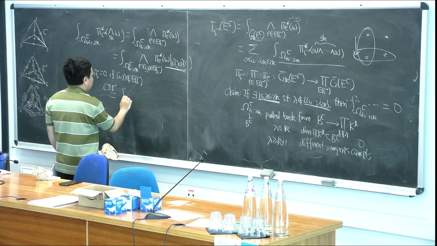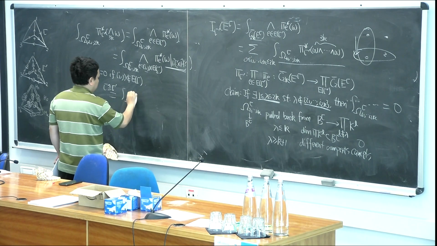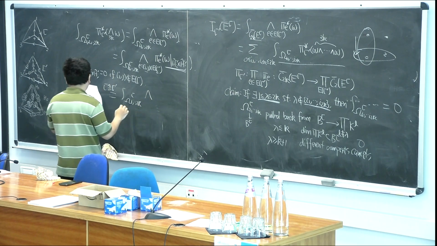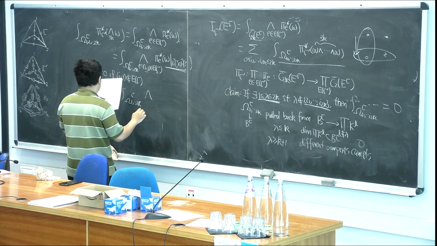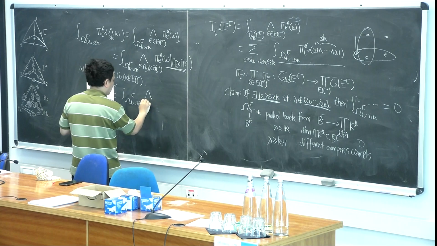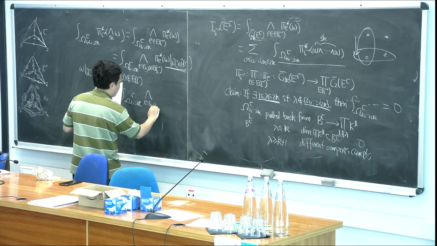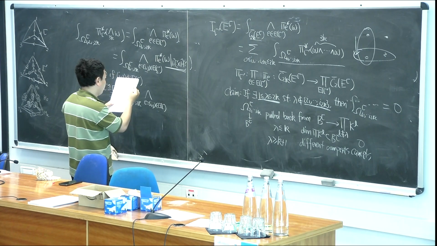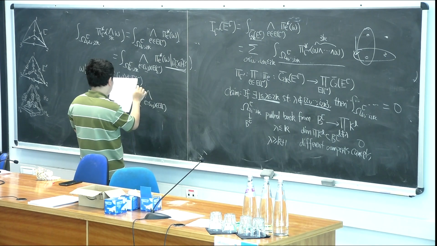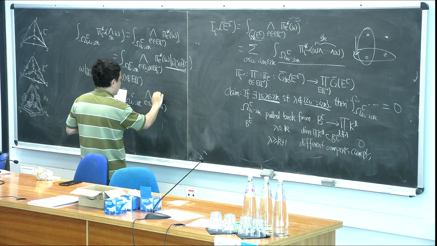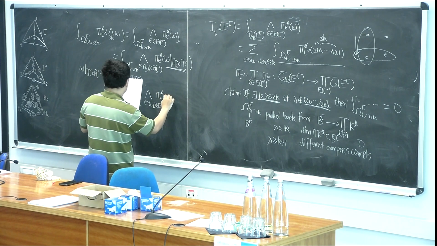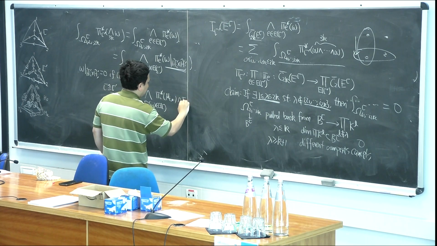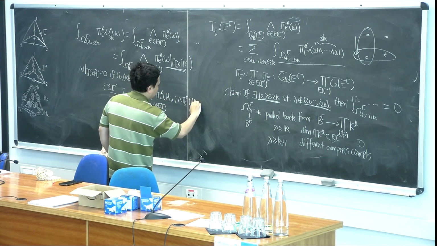In this case, it's just the product over E equals ij belonging to E gamma of pi I star mu I something, pi j star mu j something.